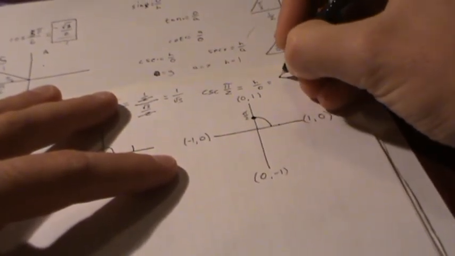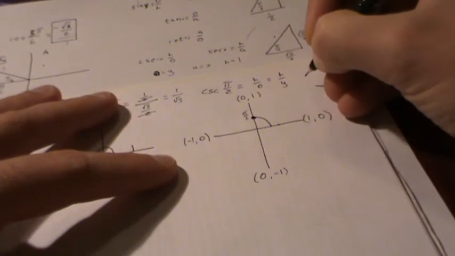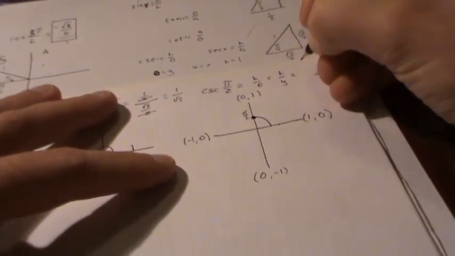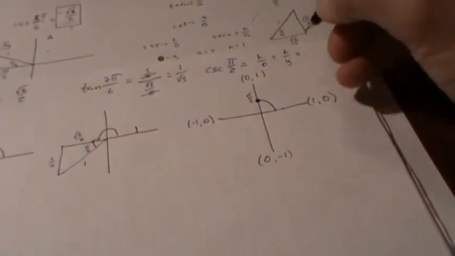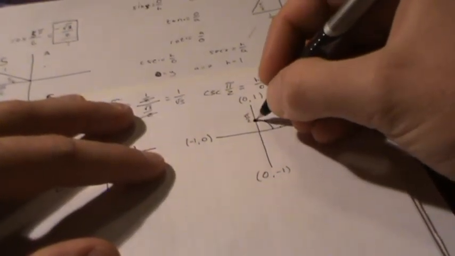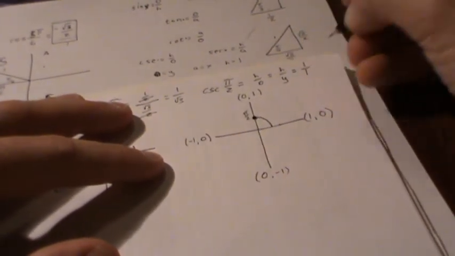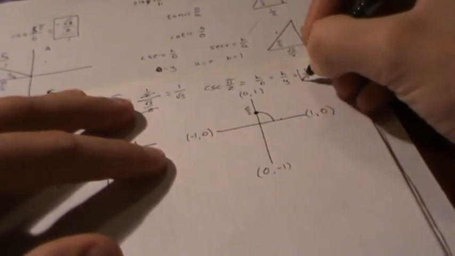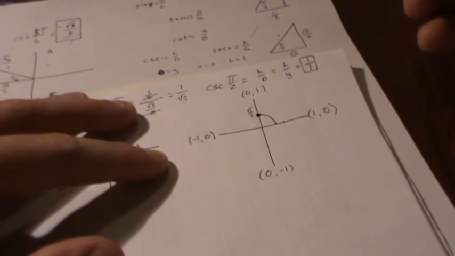So if I'm figuring out cosecant, it is h over opposite, but opposite is actually equal to a y, so it's h over y, and h is always 1, and then the y coordinate here is also 1, and so it is 1 over 1.